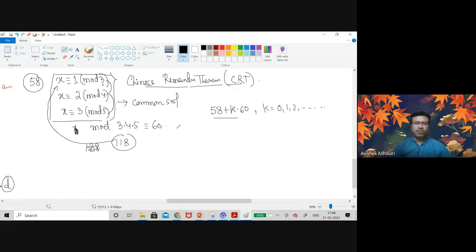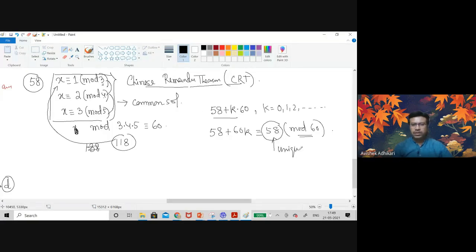But when I restrict them modulo 60, that means 58 plus 60k is congruent to 58 modulo 60. The Chinese remainder theorem says that if you make a product of these moduli and take the result as the modulus, then this value will be unique. That means you will have a unique solution for this.